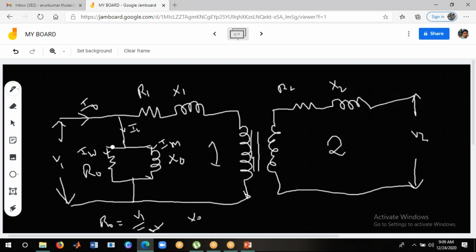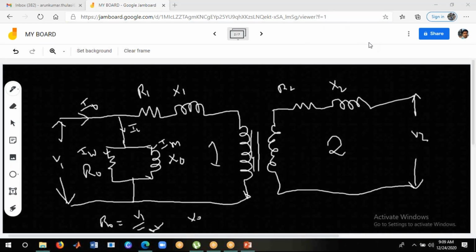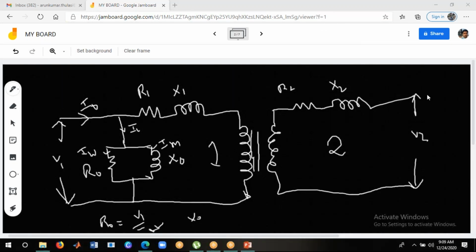What is the relation between I0, IW and IM? I0 equals IW plus IM. Why? Because I0 is the entering current and this current splits into IW and IM.